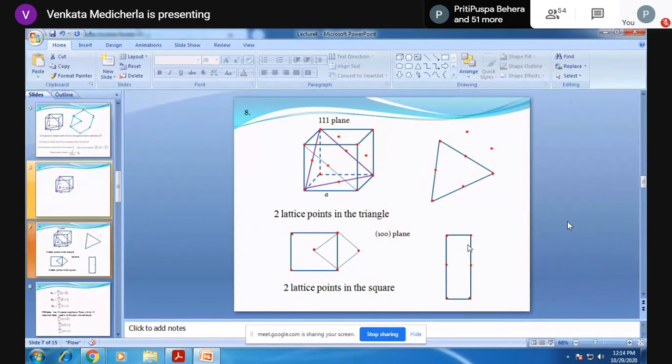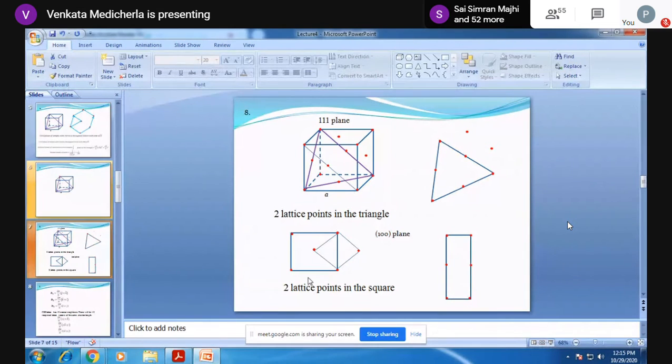And then I have also given you the 100 plane. 100 means you look at one of the faces, any face, it doesn't matter. You take this face on the right side, that will have a square, with points at the corners and one at the body center. But what kind of lattice is that? You should not call it body centered square, because there is no such lattice actually.